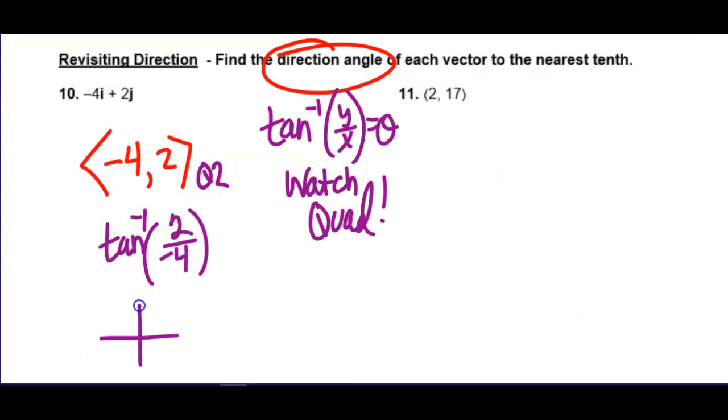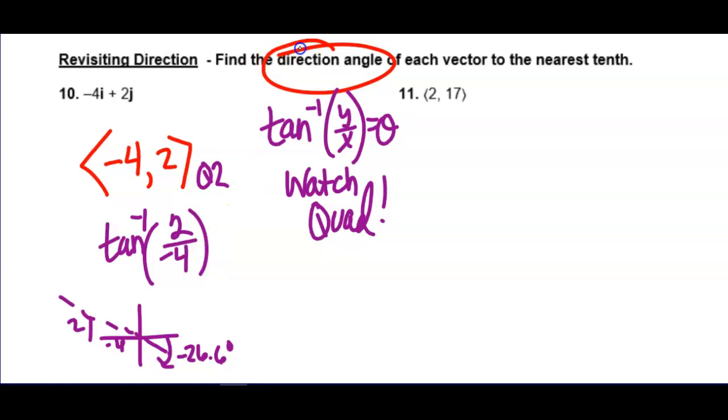Now, did we go -26.6 degrees to get -4, 2? Left 4 and up 2 is over here somewhere. Well, it's just in the wrong quadrant, guys.